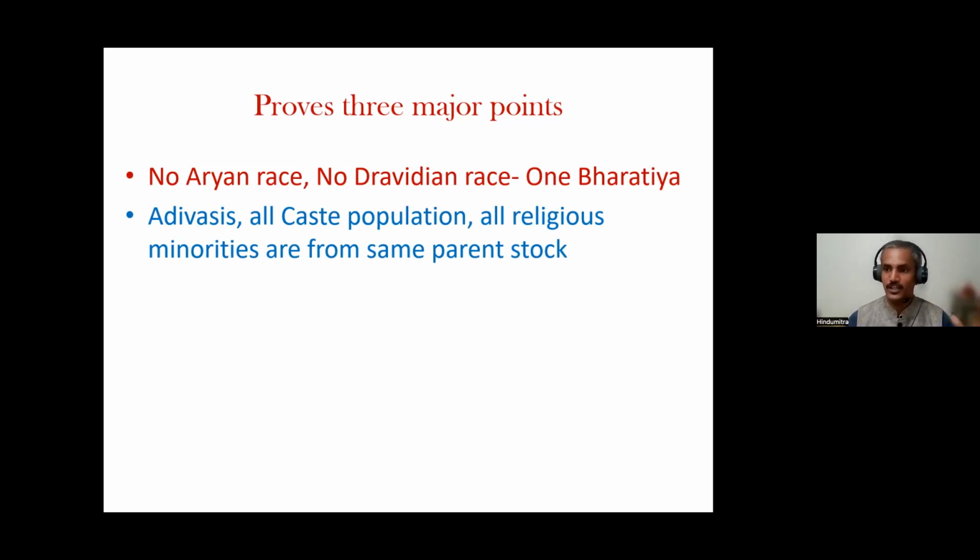India is a boiling pot of different ethnicities. That's a common term we see even today in the national narrative, which is completely false. And the scientific evidence proves that they all are from the same parent stock.